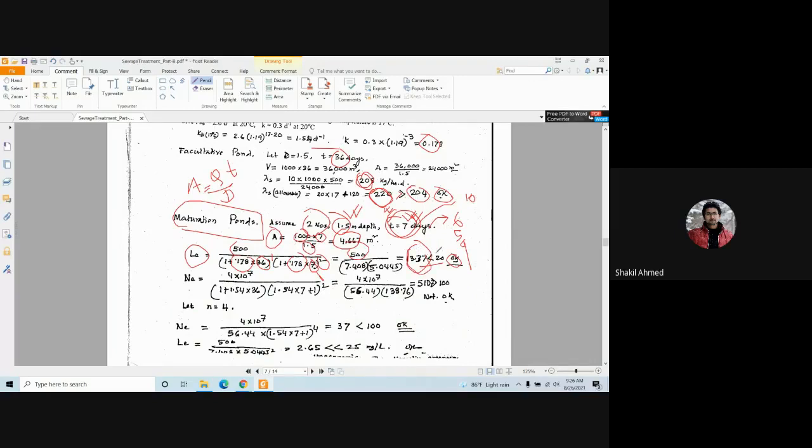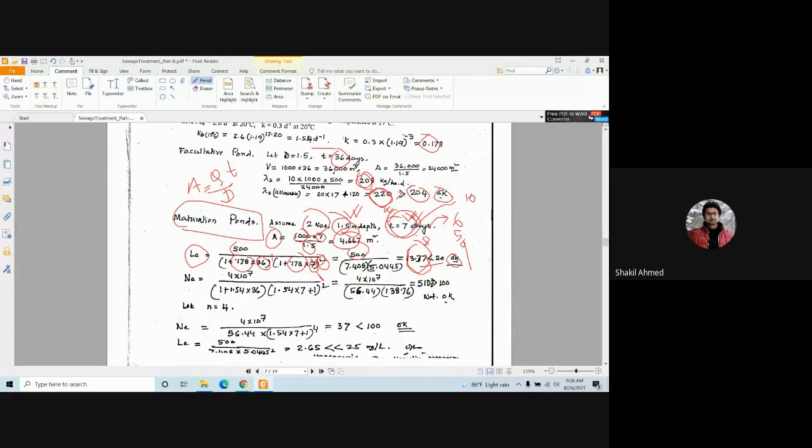Now if this was greater than 20, then what you could do, you could have increased the number of ponds. Instead of 2, you could have used 3. Or you could have increased the T a little bit, one day, maybe 8 days, and check.